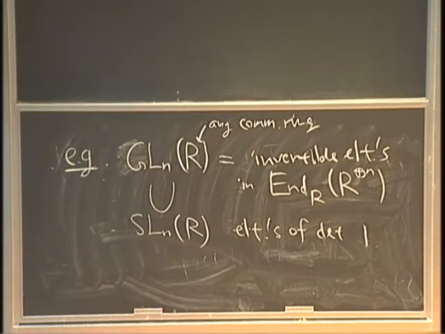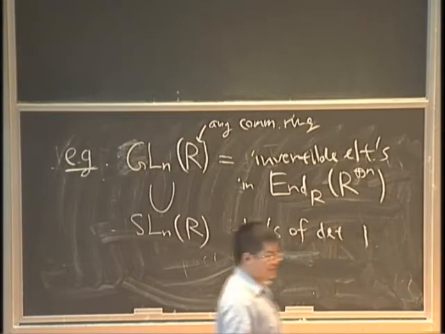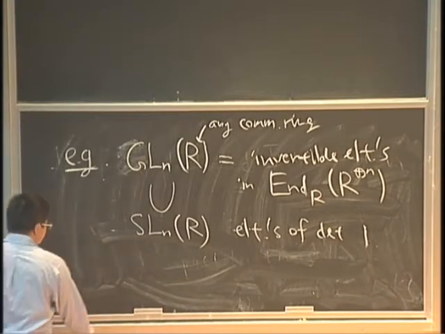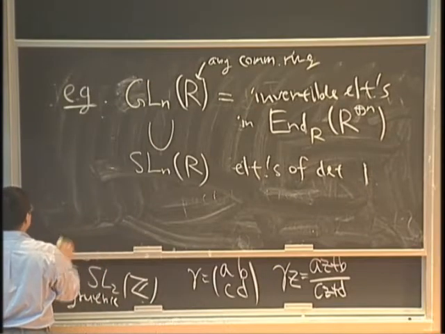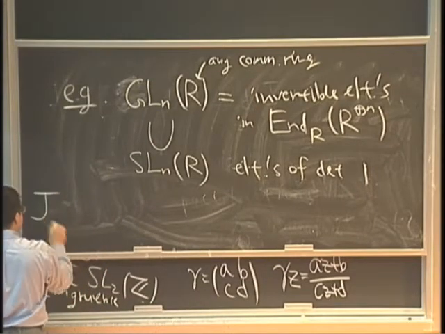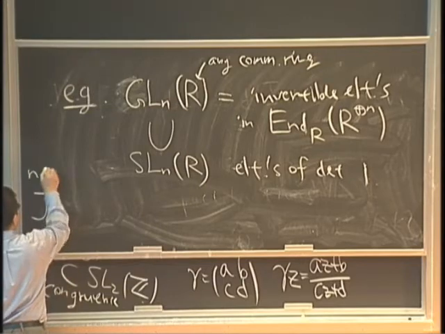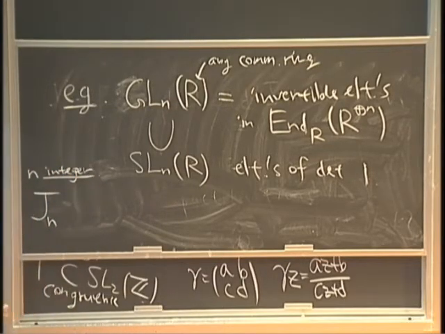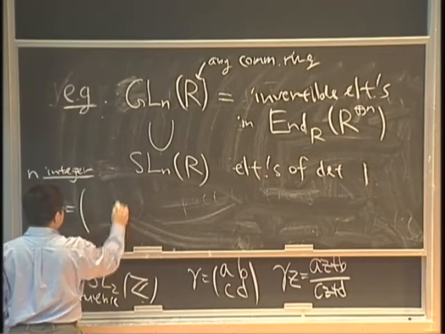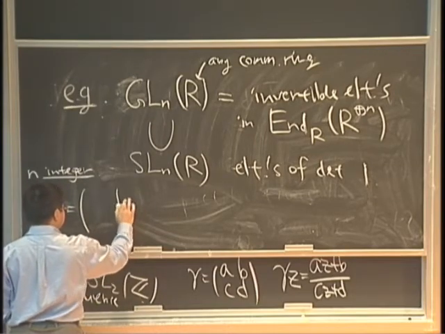Of course, I still have not defined what they are, but these are the prototypical examples. There are some more interesting ones. Let me now start with something we call symplectic groups. So let me write, n is an integer. Well, non-negative integer. As long as you can draw this matrix, I think it's non-negative.